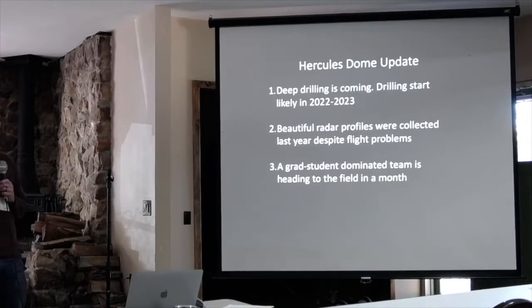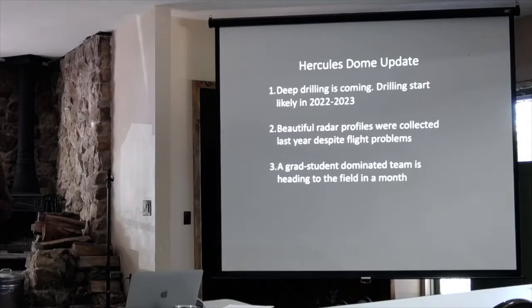We want to be right on the edge of West Antarctica and East Antarctica to look at what the history of West Antarctica was. The main takeaways are that the ice core drilling is coming. This past field season was a logistical challenge, but it produced some beautiful radar profiles that really cemented that we wanted to go here.